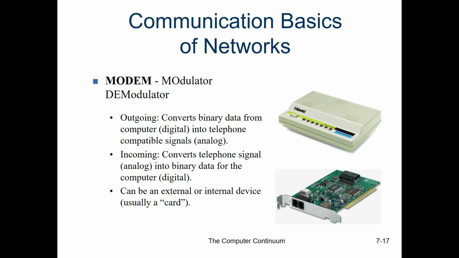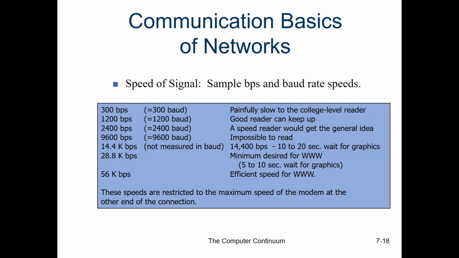For outgoing data, it converts binary data from the computer, which is digital, into telephone-compatible signals, that is, analog signals. And when data is coming back, the modem converts the analog telephone signal into binary data for the digital computer. So that's why it's being used. It can be external or internal in your computer.